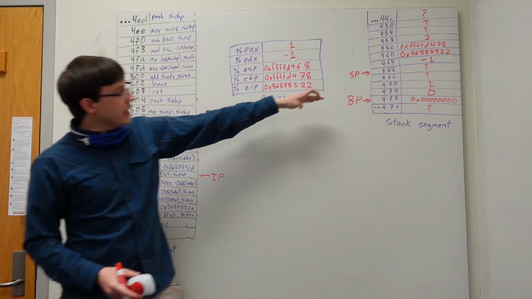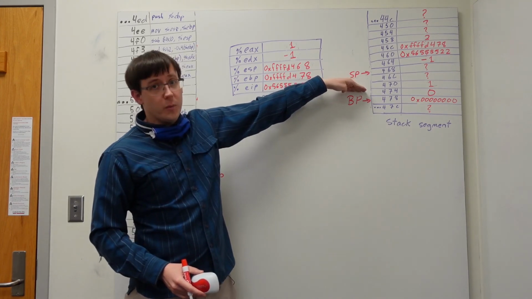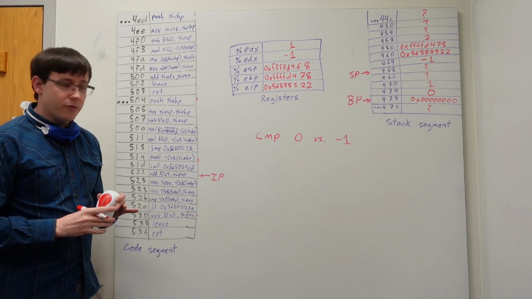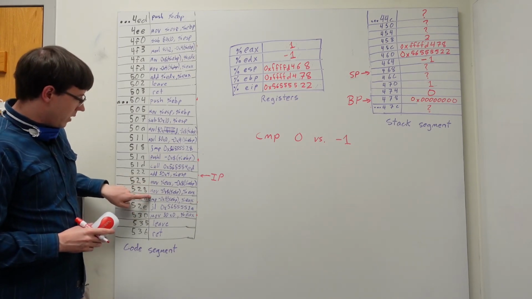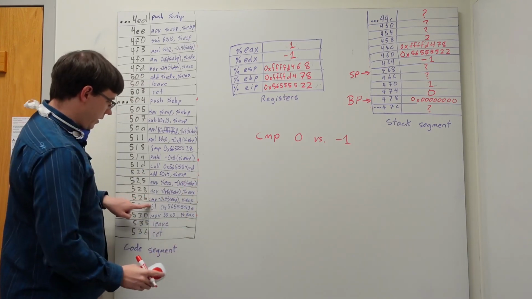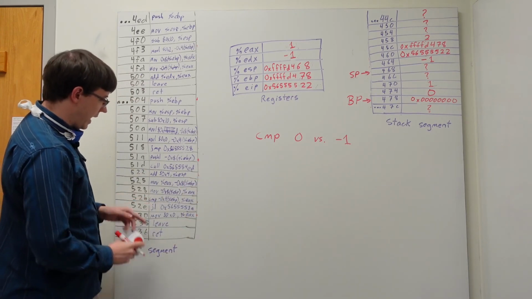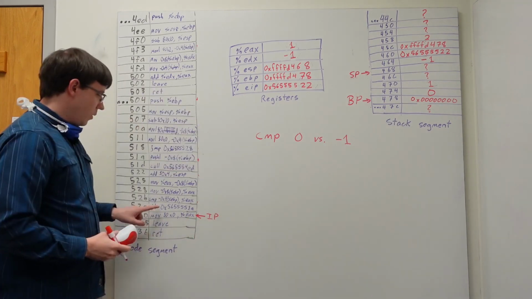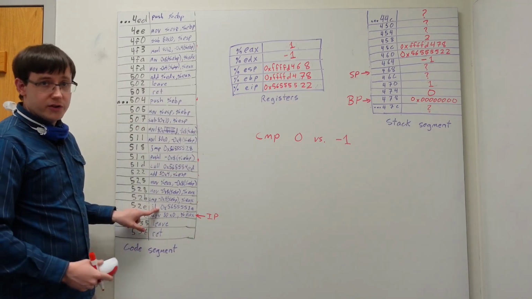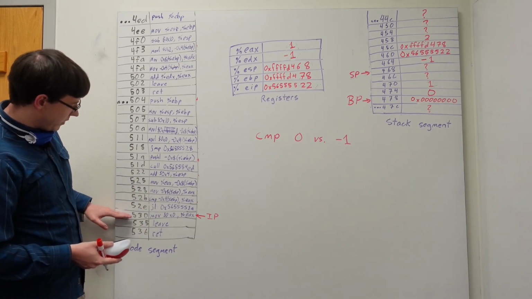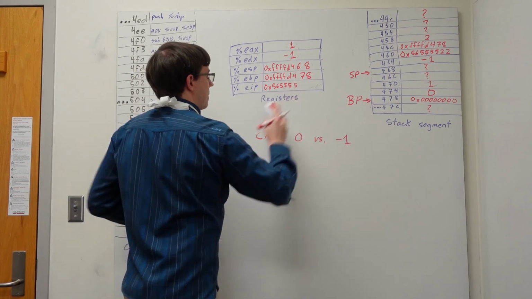and we compare it against the base pointer -4. Let's get everything up to date for this point. So we are executing this compare instruction, and then we're going to do the jump less. So on the jump less, when we fetch this jump less instruction and increment, the instruction pointer will now be storing 530.